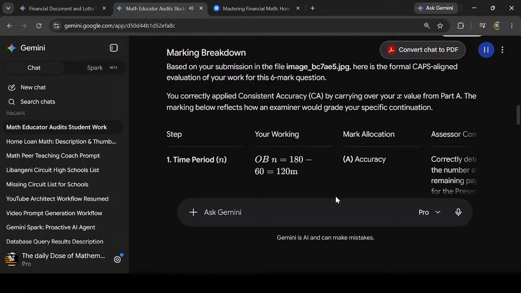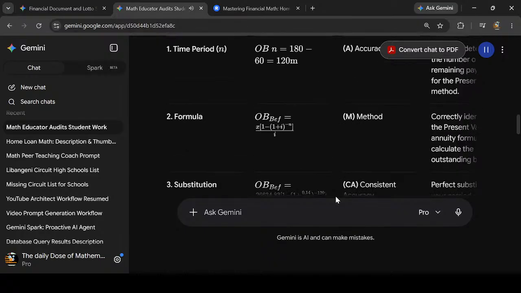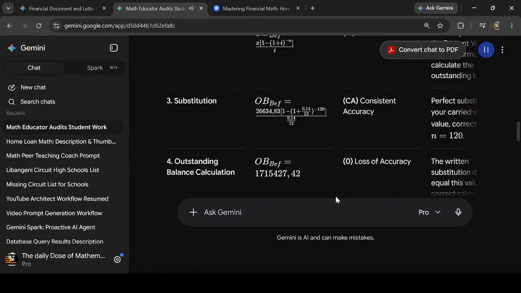Step 2, formula: OB before equals X times (1 minus (1 plus i) to the power of minus N) divided by i. Method: correctly identifying the present value annuity formula to calculate the outstanding balance.